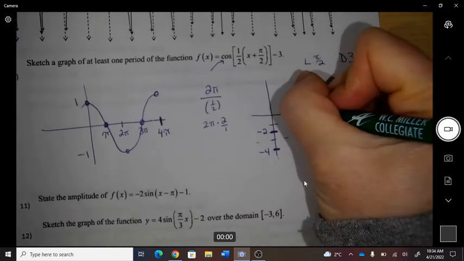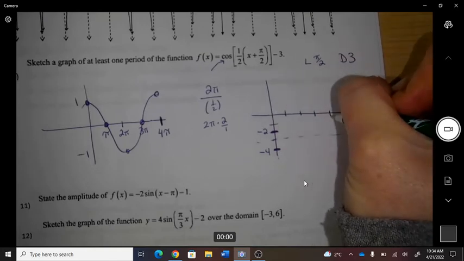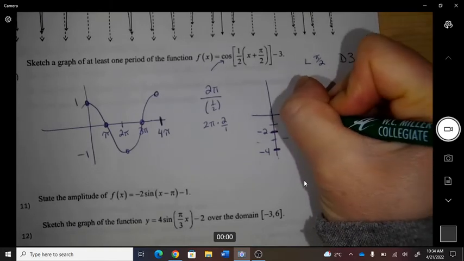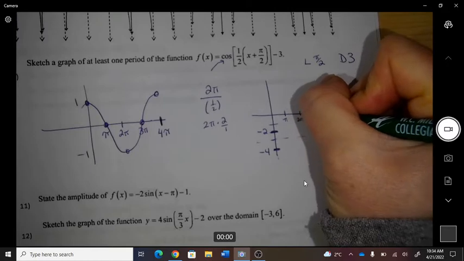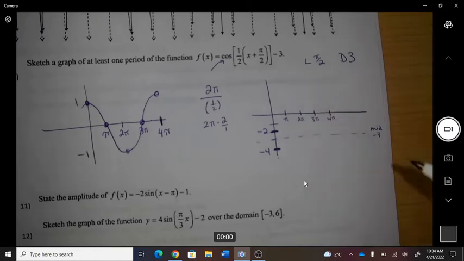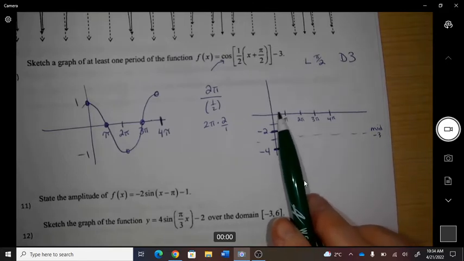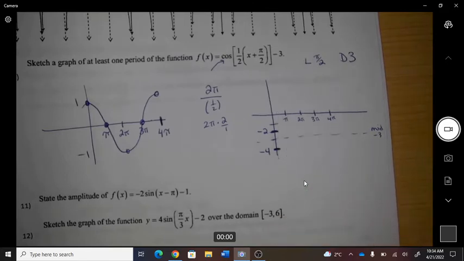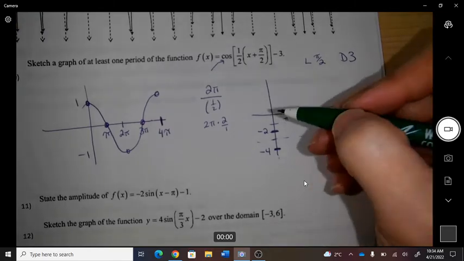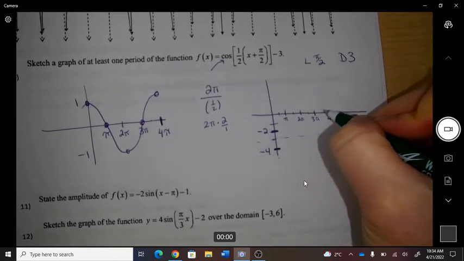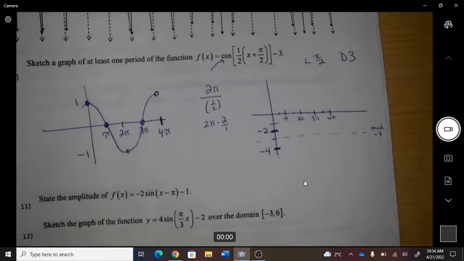Okay, so now this is the part that's going to be a little bit tricky because pi over 2 is not these markings. It's going to be right between those markings. So why don't we draw ourselves little tiny tick marks like that to show that we're going to be halfway between a pi over 2.